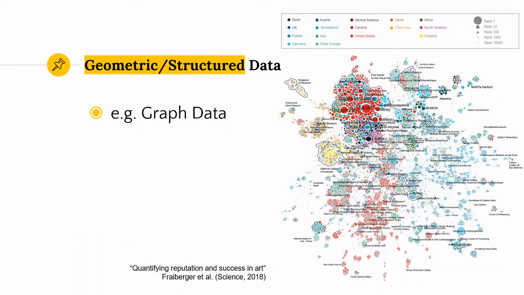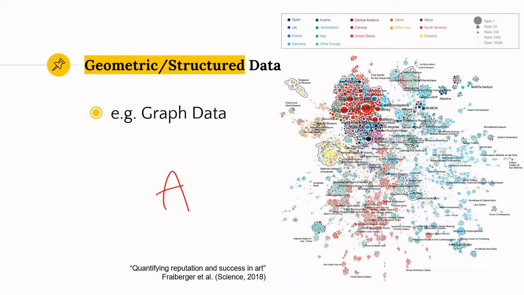So let's say for example, one artist, artist A, had an exhibition in the MoMA art gallery, and then next year the same artist A had an exhibition in the Guggenheim Museum. Then Guggenheim and MoMA is going to be connected in this graph.